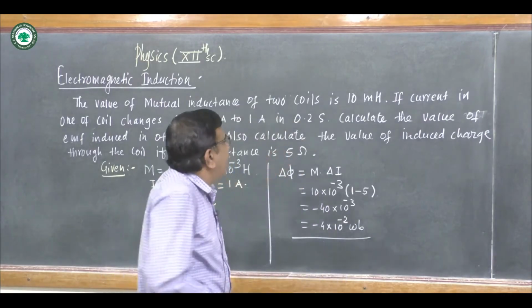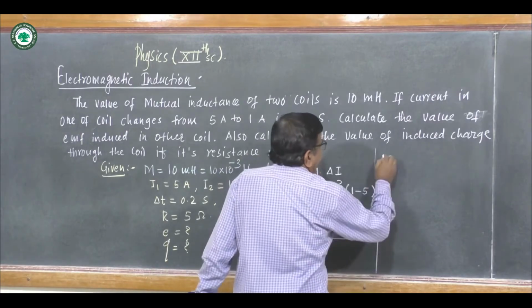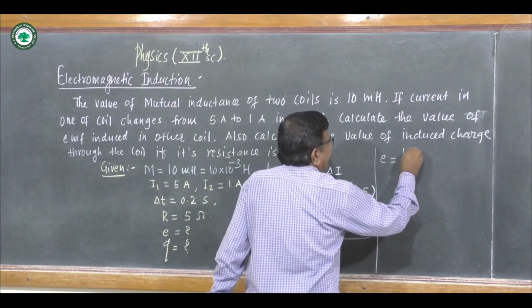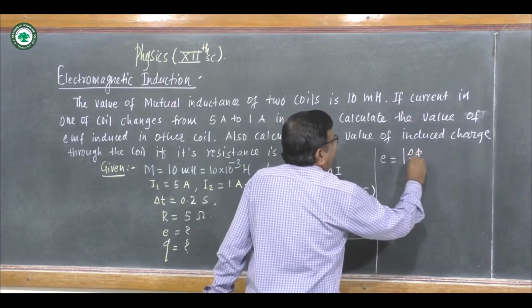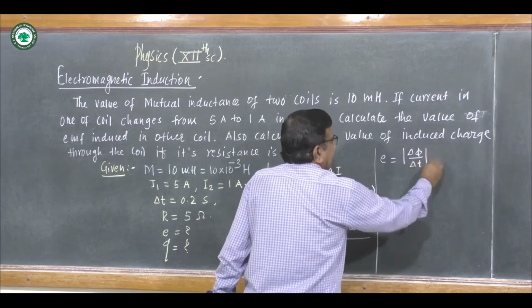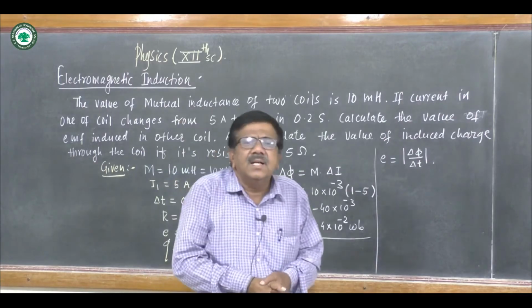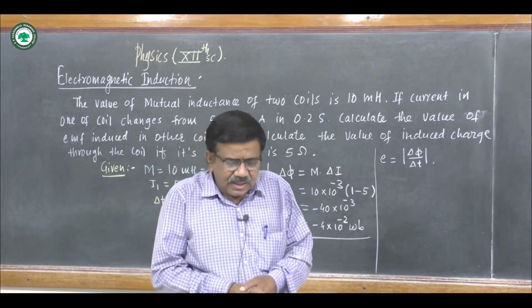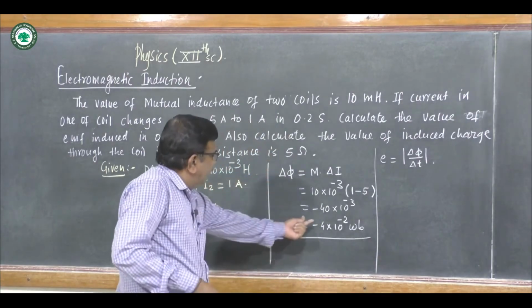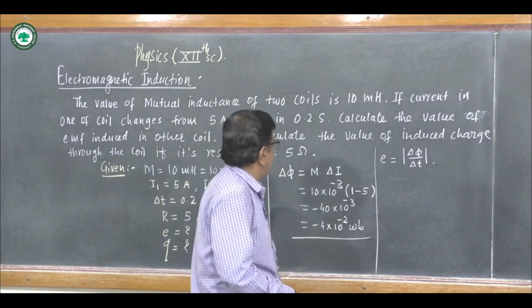Now we have to find the EMF induced. We know EMF induced is the magnitude of d phi upon dt or delta phi upon delta t. But here delta phi is minus 4 into 10 raised to minus 2.